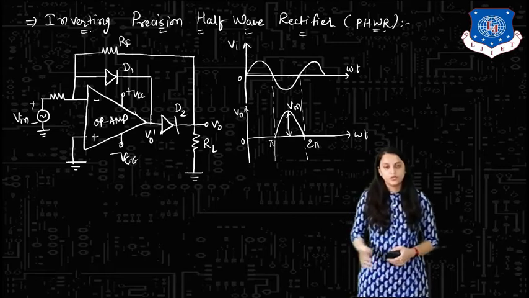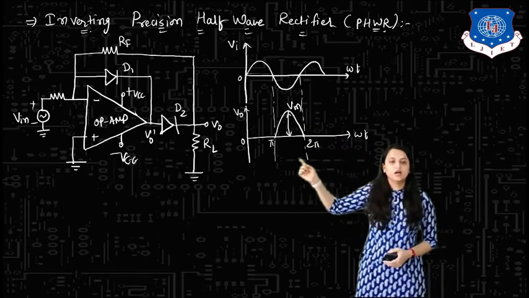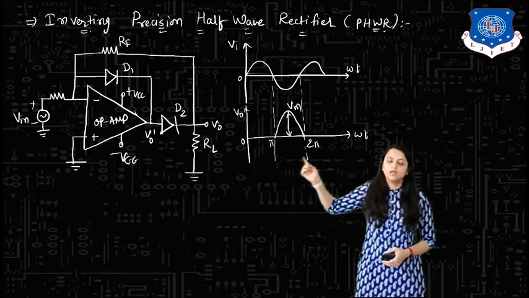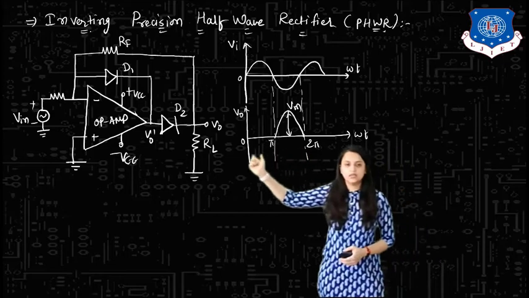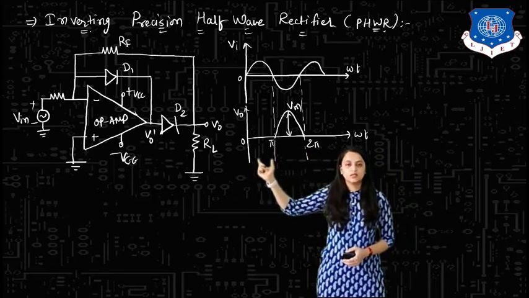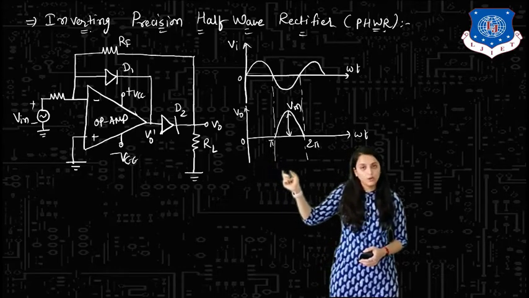So here as you can see, the input voltage waveform is indicated and according to that the output voltage is indicated. In the interval 0 to pi, the output is 0 because diode D2 will be off, there will be no output. The circuit will be open.